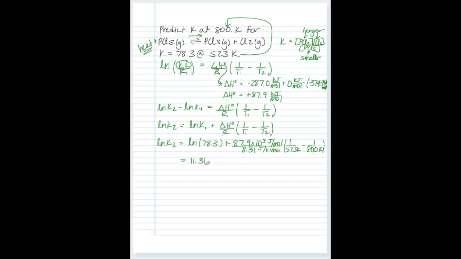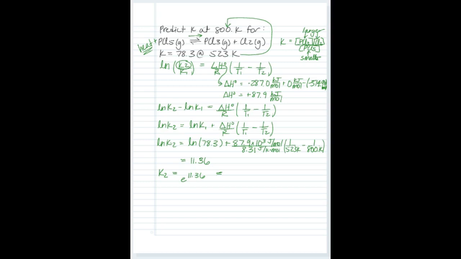But that's not the answer because I still have to take out that natural log. So this is what the natural log of K2 is equal to. And so in order to isolate K2, I'm going to take e to the 11.36. So if I do that, let's do that again to make sure.